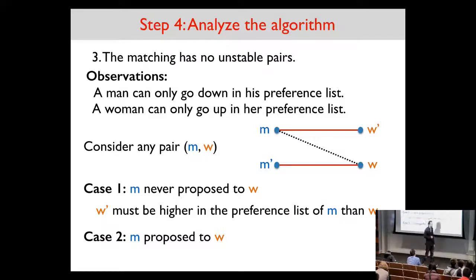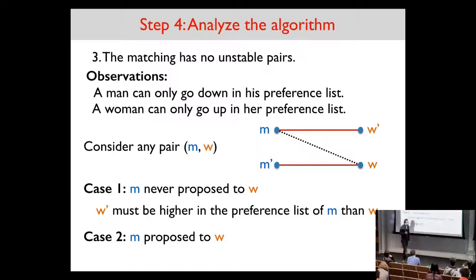So M is matched to W prime, and W prime must be higher in the preference list of M than W, because if it was not, we would get a contradiction.